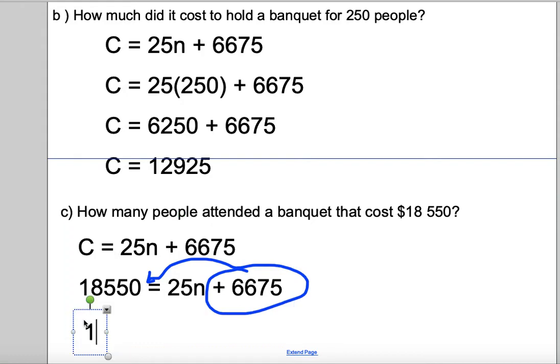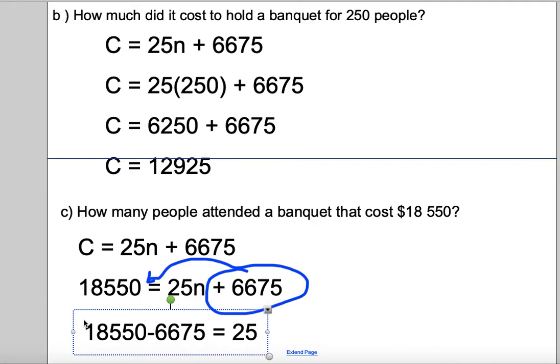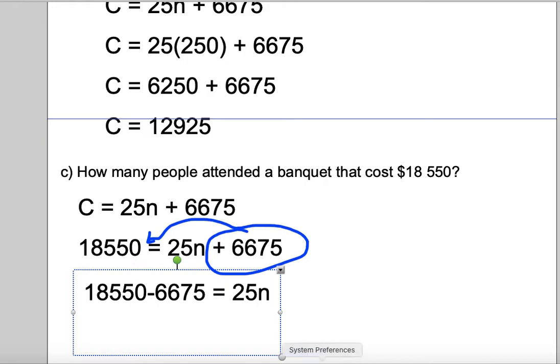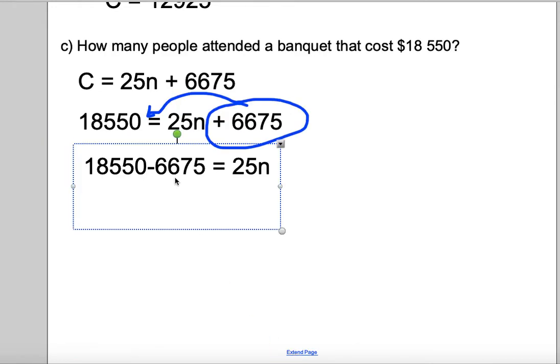So here we're going to have 18,550 minus 6,675, which is equal to 25n. We're just rearranging and isolating at this point. So we're solving for n. The difference here would be 11,875, which is equal to 25n.